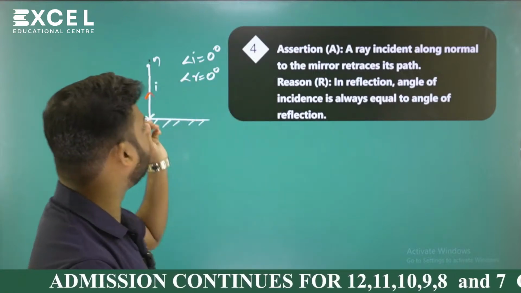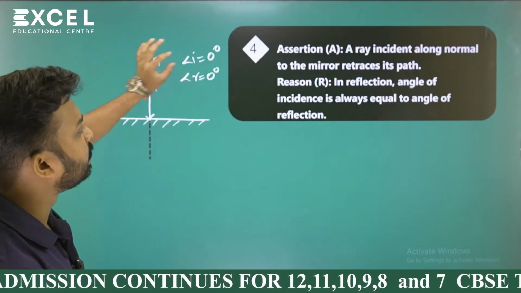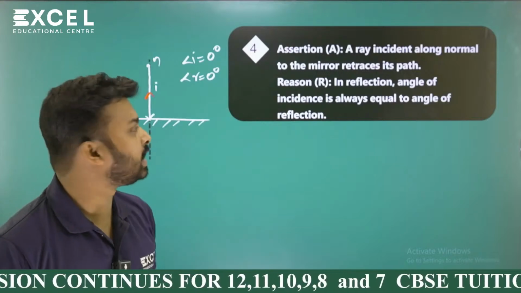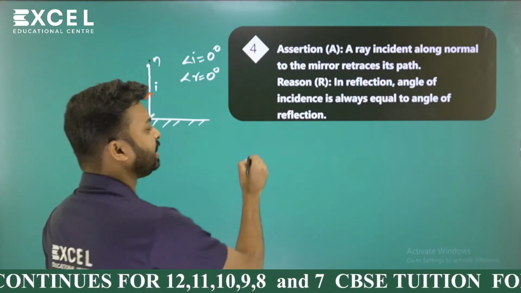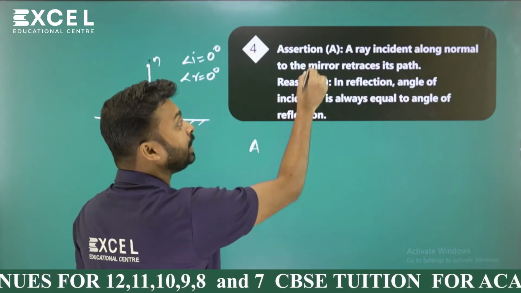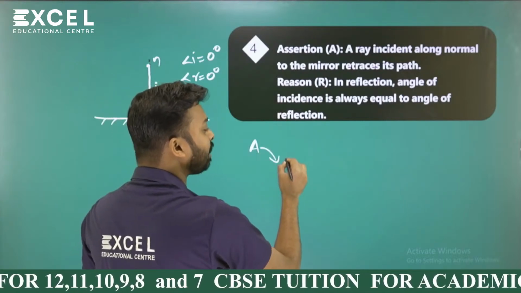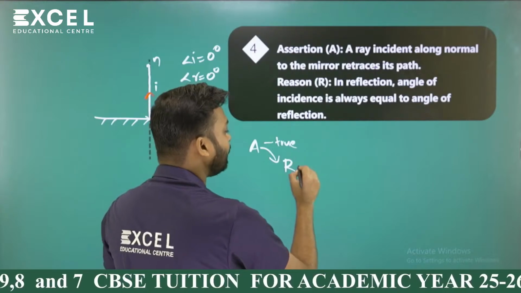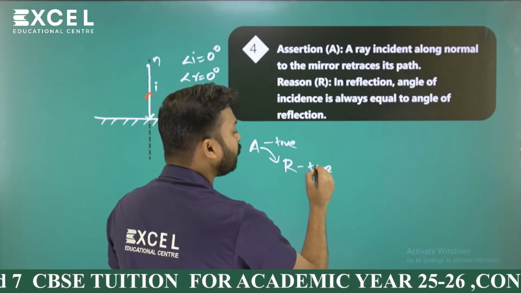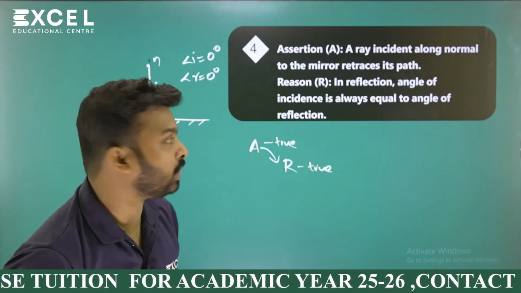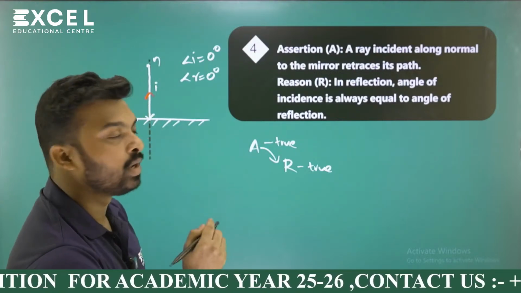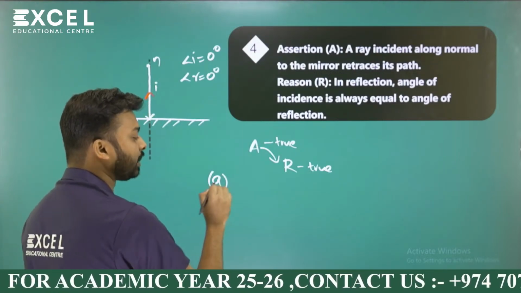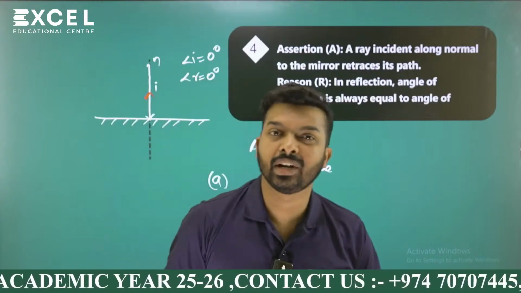So here, the assertion is right, the reason is also right, and the reason gives the right explanation for the assertion. So which one will be right here? Option A will be right. Hope you have understood.